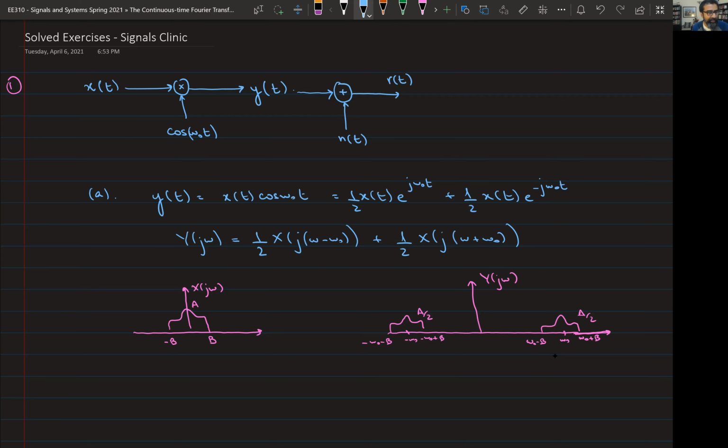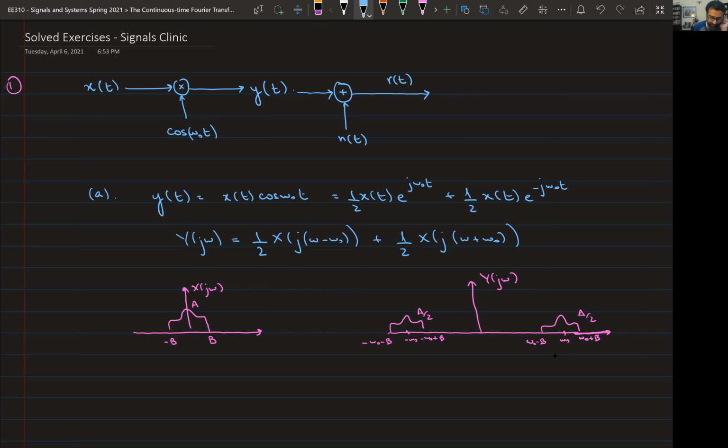This is the r of t, or the signal that you receive, right? And now you want to do something here which ensures you can recover x of t back from r of t. And there are many ways of doing it, but let's try to figure out just one of those.